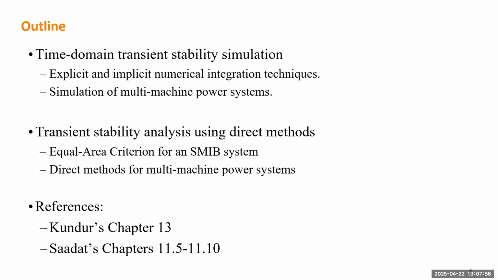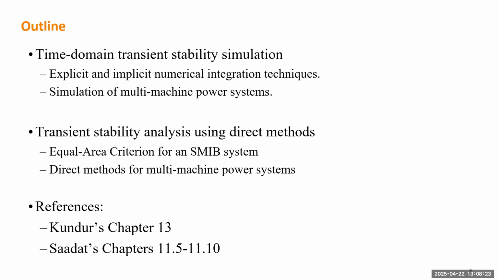All right, so in this session, we're going to cover two approaches to study the transient stability. The first one is the time domain transient stability simulation. So in this part, we're going to introduce the two types of integration methods to solve the dynamic model of a power system, including explicit or implicit methods.